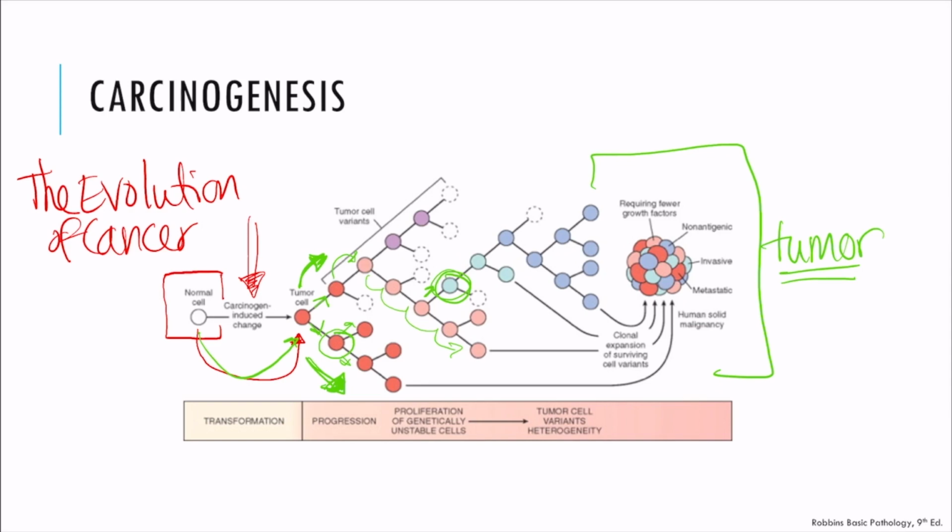But let's imagine that in this picture, the chemotherapy only effectively killed the blue, I should use a different color. The chemotherapy only effectively killed the blue cells. So the tumor would get smaller, right? Because all of the blue cells in here would die.